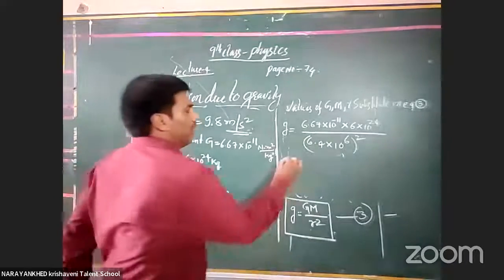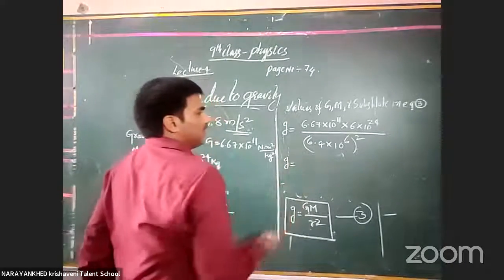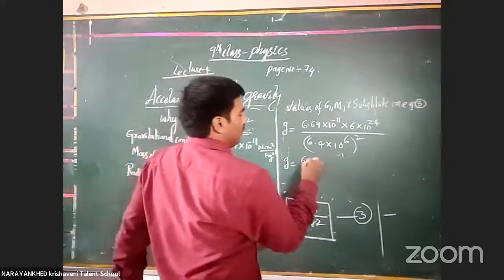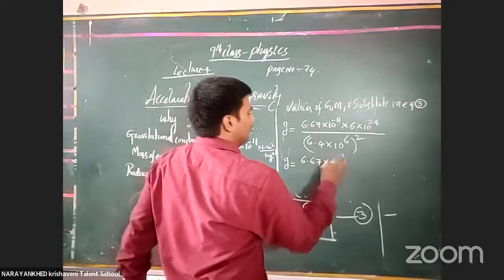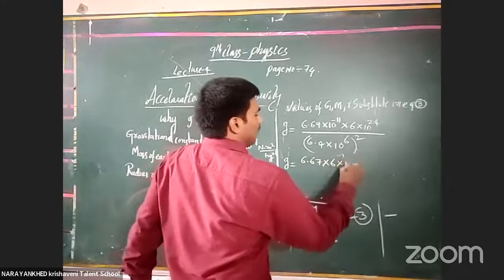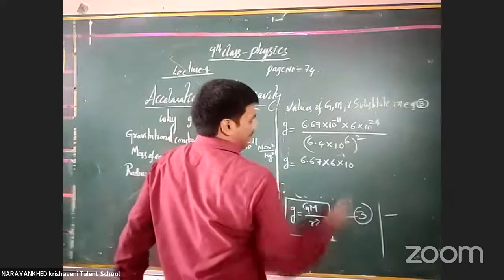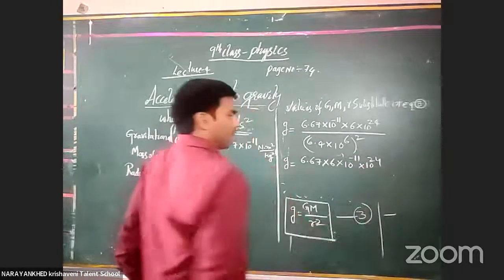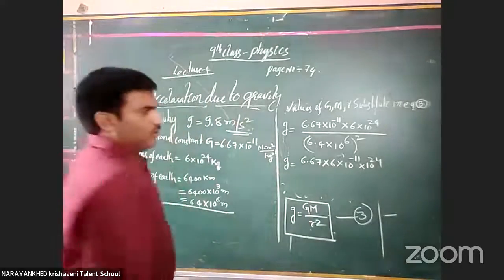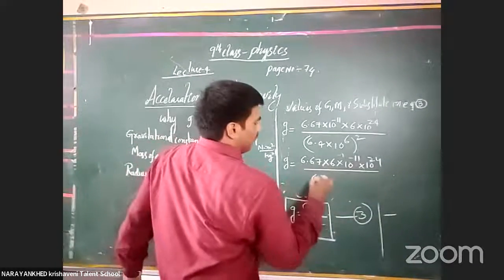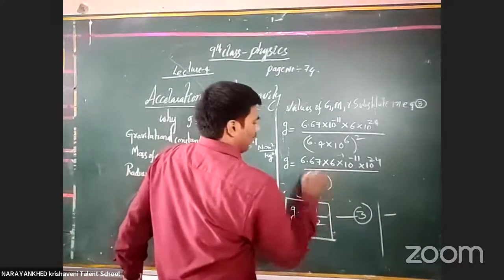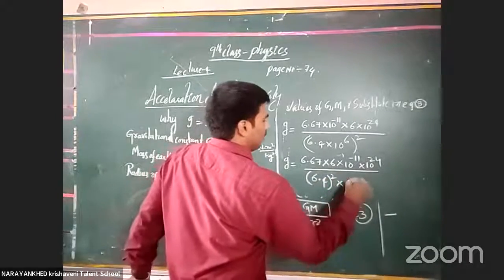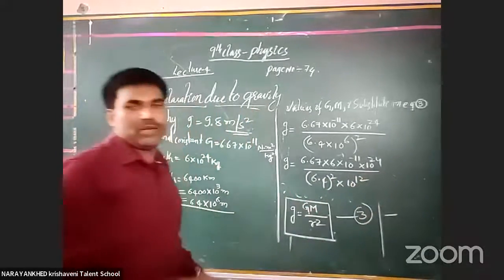Now we'll get the g value. g is equal to 6.67 into 6, into 10 to the power of minus 11 plus 24, divided by 6.4 whole square into 10 to the power of plus 12.